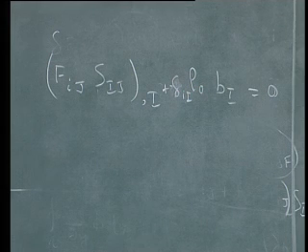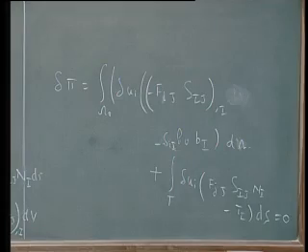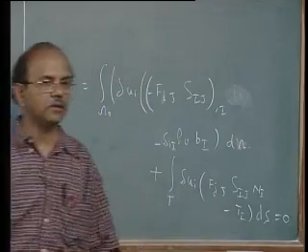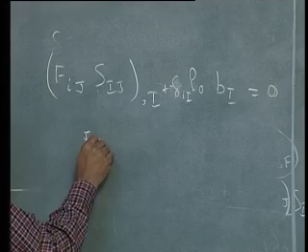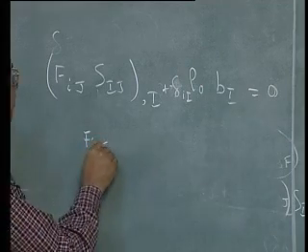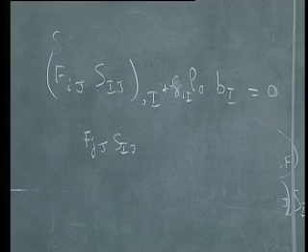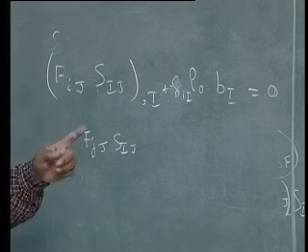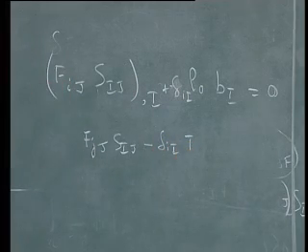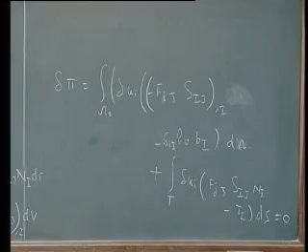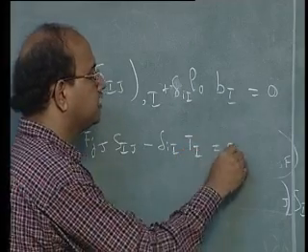And the second term is the surface traction term, and that is written as fj j s ij, the same way, put a delta I, t bar I, is equal to 0.